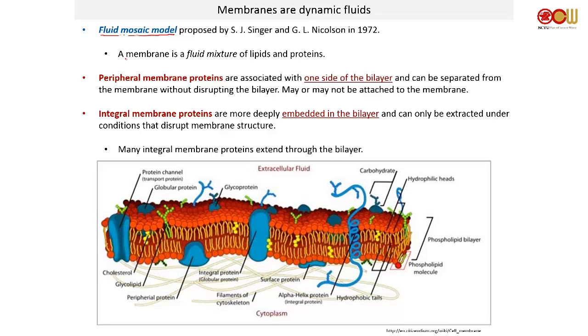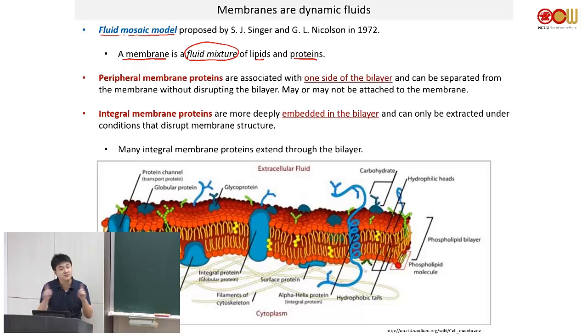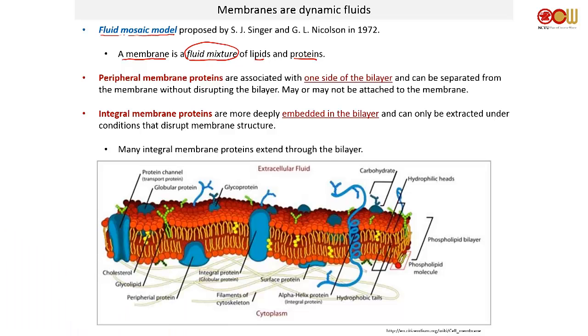What it says is that the membrane is a fluid mixture of lipids and proteins, and fluid meaning that it can move around. So you have a bunch of proteins and a bunch of lipid molecules mixed together, but they don't stay in one place. They're constantly moving.